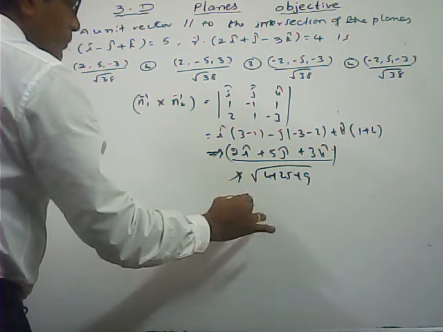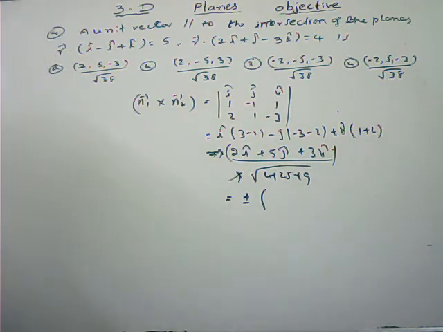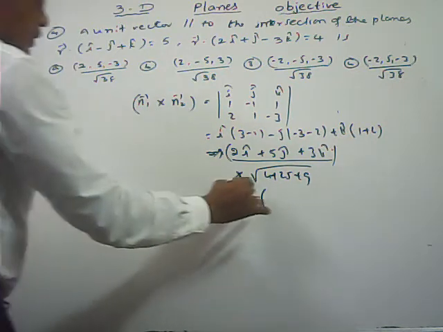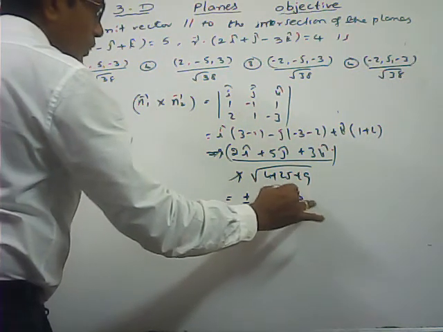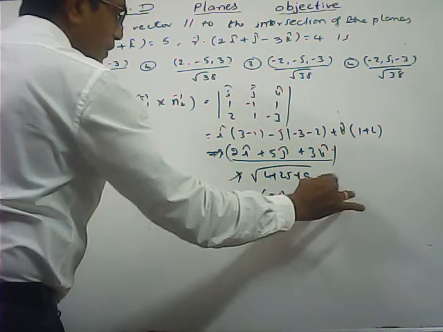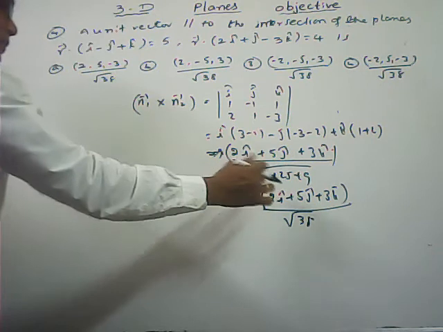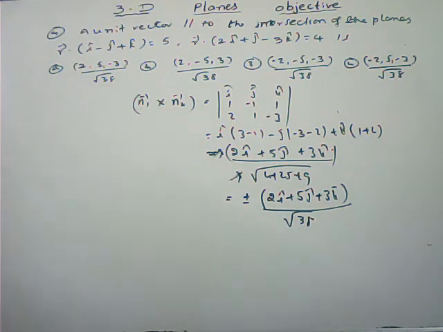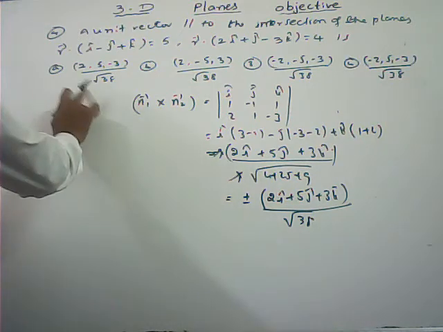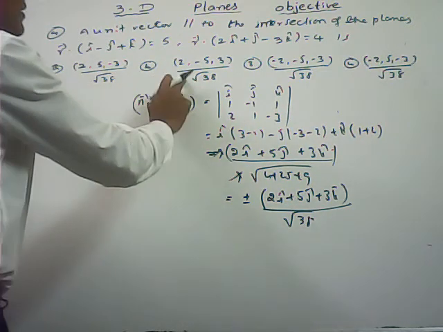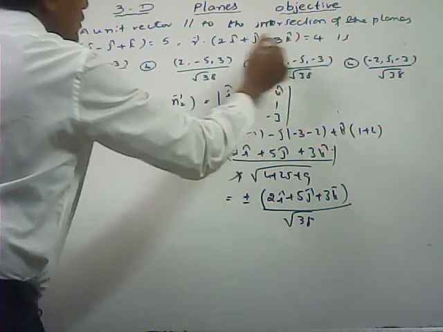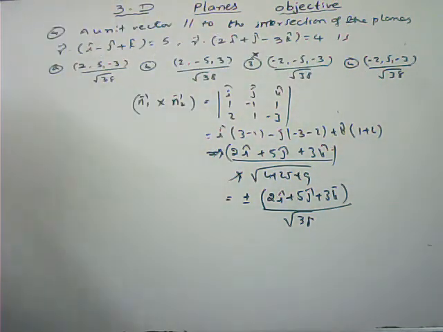The unit vector we can write with plus or minus also: 2i cap plus 5j cap plus 3k cap upon root 38. If you take plus, that is the unit vector. If you take all minus, you also get a unit vector. So this is not possible, all are having the same sign only. This is also not possible. This is also not. That is also not possible. Only the third option we can go, since the DRs are the same only.